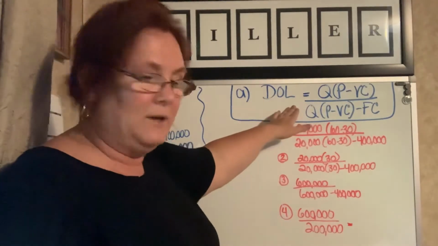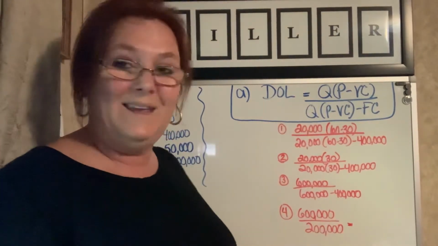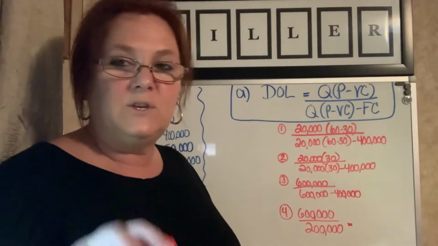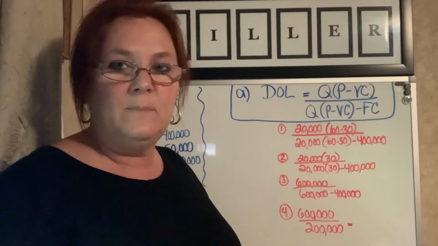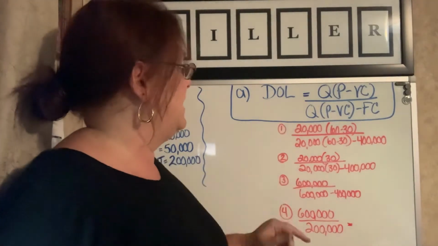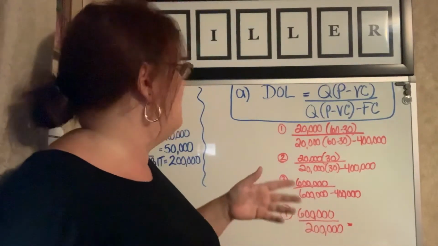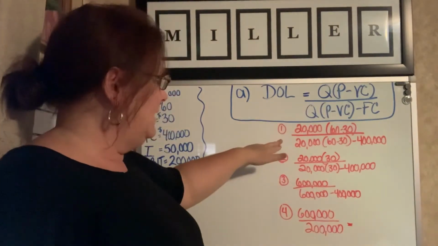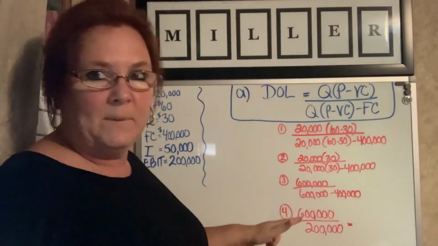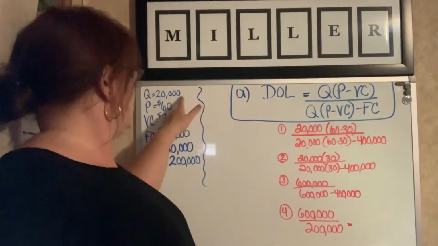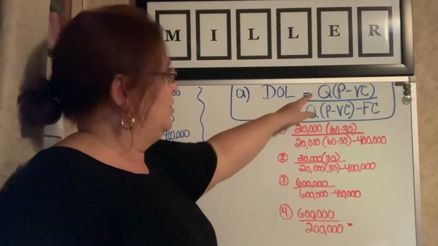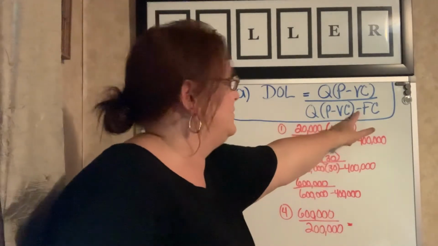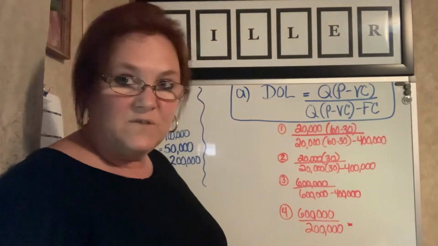Here's the formula. This is in your textbook, in the chapters, in the reading, and there's a great example. As soon as you hit the questions in the back of the chapter, there's another example, and they walk you through that as well. So number 1 is literally just plugging in the numbers. We find our quantity, which is 20,000. Your numerator and your denominator are the same thing, except for this minus FC, which is fixed cost.